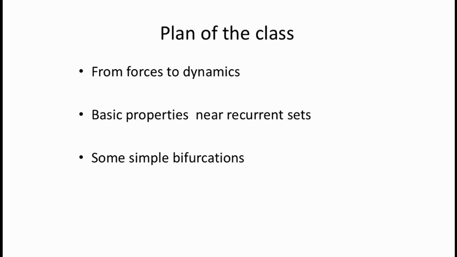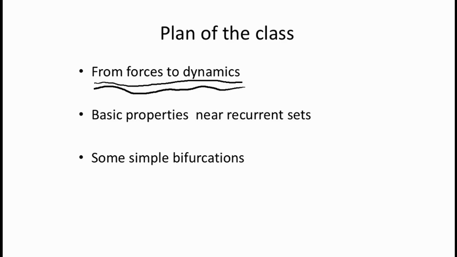So the plan of the class is going to be the following. I would like to start from dynamics of forces, Newton's law of motion, and the idea of how to integrate the equation to understand what a trajectory is doing.